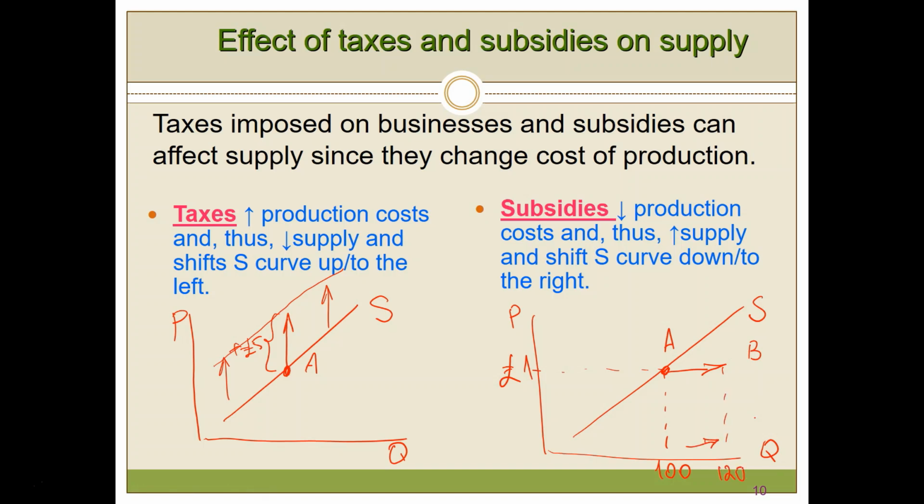For example, 120 liters. You earn higher prices, you earn higher revenue, higher profits, so you have higher incentive to produce more items. Or alternatively, you can actually cut down your prices by the amount of subsidy. You will be able to afford to start selling your milk at lower prices, at 50p, because customers will pay you this amount, 50p, and the rest will be covered by the government.